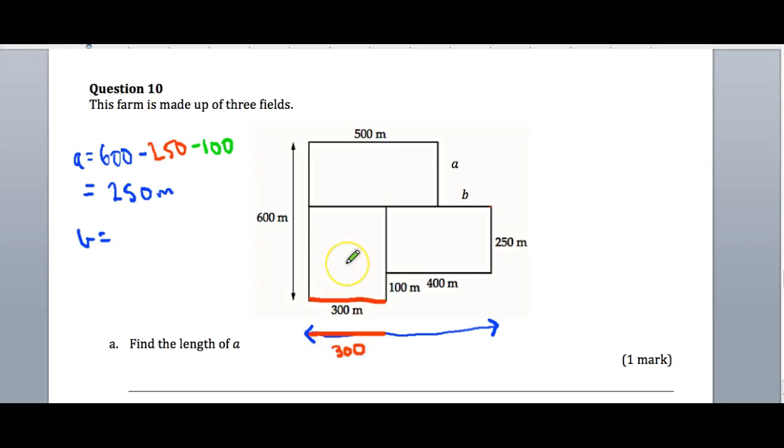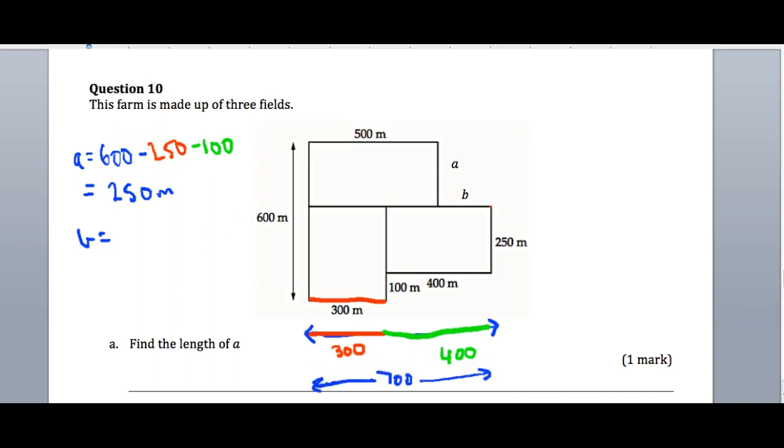And let's do green. Come on. This is 400. So all together, that's going to give us 700. Okay, from there to there.